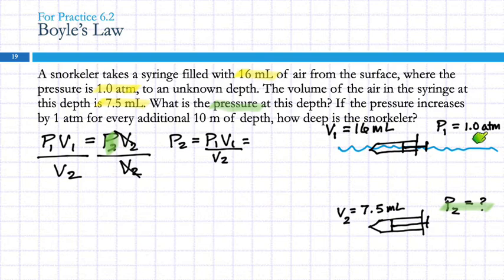Now I can put these numbers in. Pressure 1 is 1 atmosphere. Volume 1 is 16 milliliters. Volume 2 is 7.5 milliliters. The milliliter units cancel out.